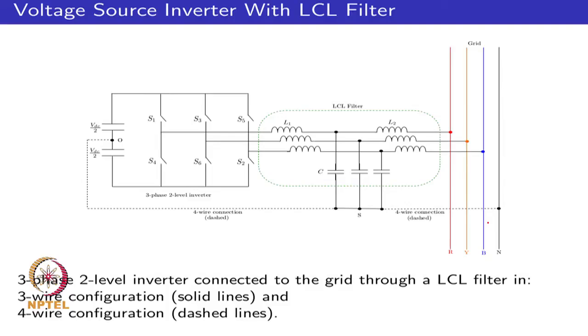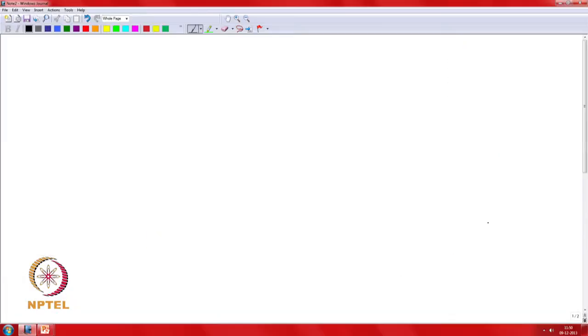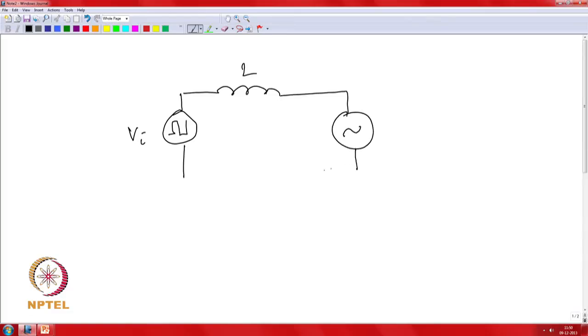So, one question that can be asked is, why did you go from an L filter to an LCL, which is a third order filter? Why not just an LC filter? So, we could consider what would happen if you used an LC filter. Suppose you have the inverter, which can be represented as a pulsed voltage source Vi, and then the L filter, and then you have the grid voltage Vg.